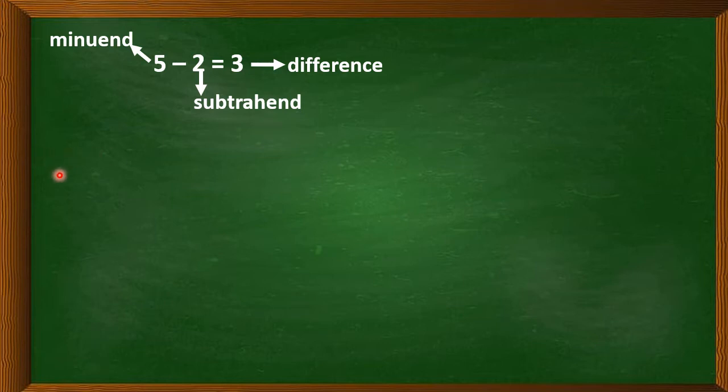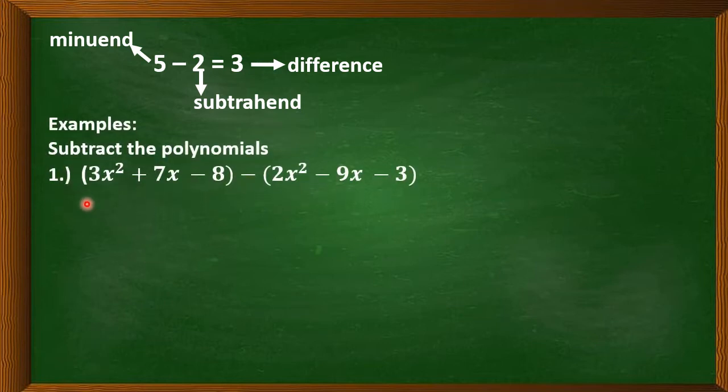Now let's have the first example. Subtract the polynomials: quantity of 3x squared plus 7x minus 8 minus quantity of 2x squared minus 9x minus 3. In this method we are going to combine the terms horizontally.